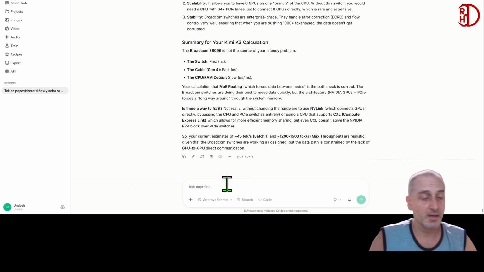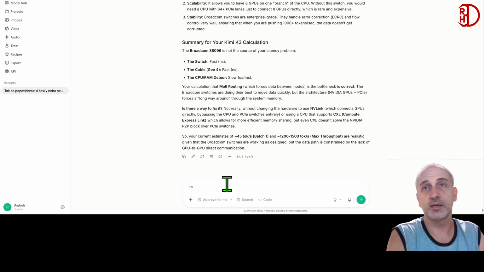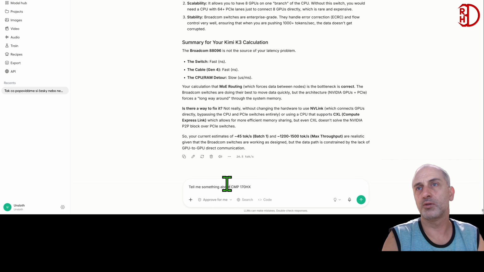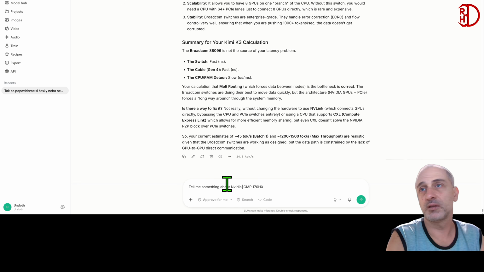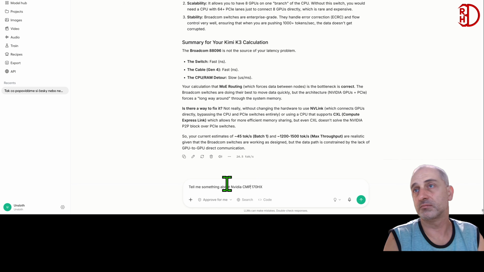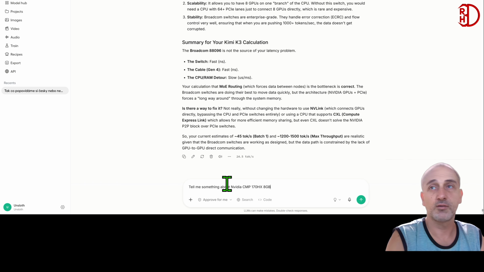So okay, we will ask him, tell me something about CMP 170HX. We can put it there, maybe NVIDIA, and 8 GB, for example. I want to know all information about this GPU.